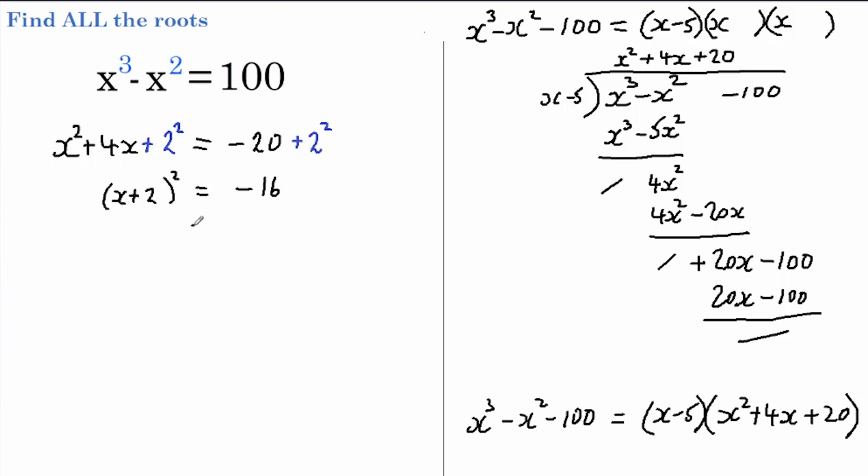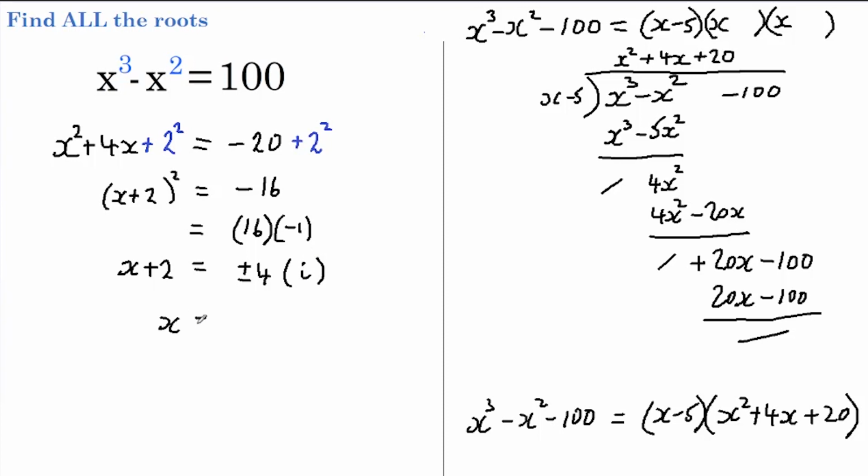And now if we think of negative 16 as being 16 multiplied by negative 1, when we take the square root of both sides, we get that x plus 2 must equal root 16, which is plus or minus 4, multiplied by the square root of negative 1, which is i.